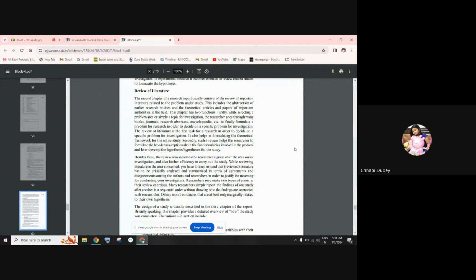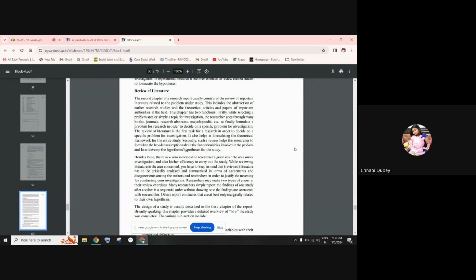Here, it is generally seen that researchers may make two types of errors in their review exercises. Many a time, researchers simply report the findings of one study after another in a sequence order without showing how the findings are connected with each other. So we have to ensure that whatever studies we are taking up for review, we should be able to indicate the interconnectedness between those different studies.